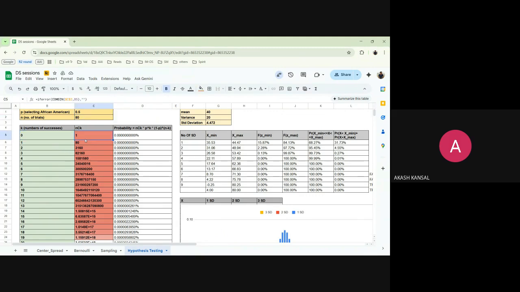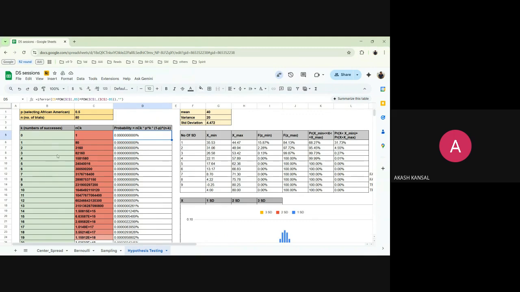Now, for a Bernoulli trial, we know that for k successes, with p the probability of success, the probability is nCk times p to the power k times (1 minus p) to the power n minus k. On the same lines, we calculate the probability of k, the number of successes.